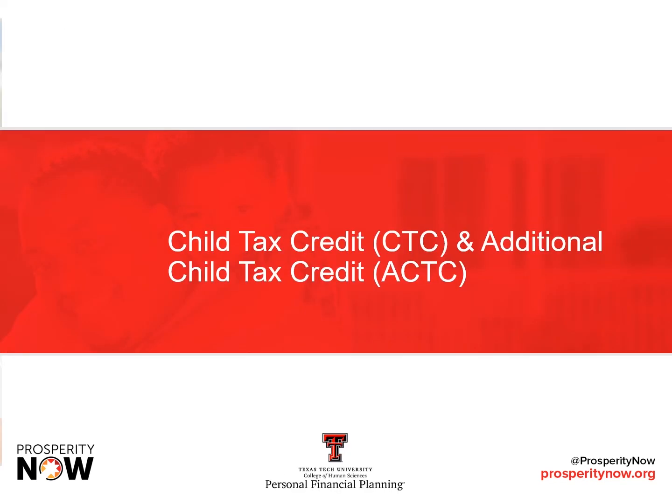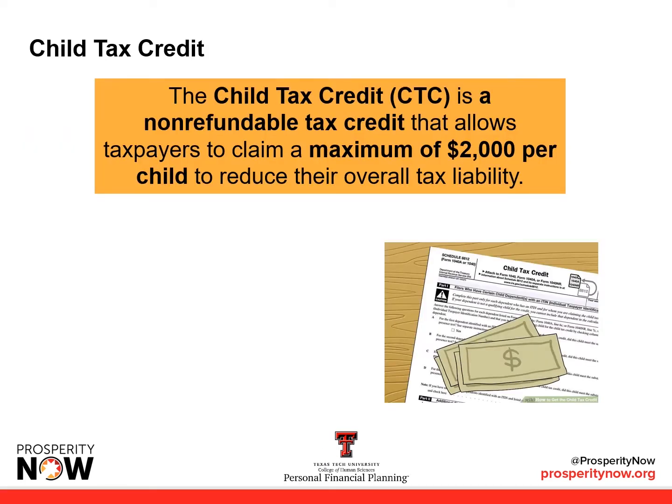So let's talk about the child tax credit, or CTC, and the additional child tax credit, the ACTC. The CTC is a non-refundable tax credit that allows taxpayers to claim a maximum of $2,000 per child to reduce their overall tax liability.